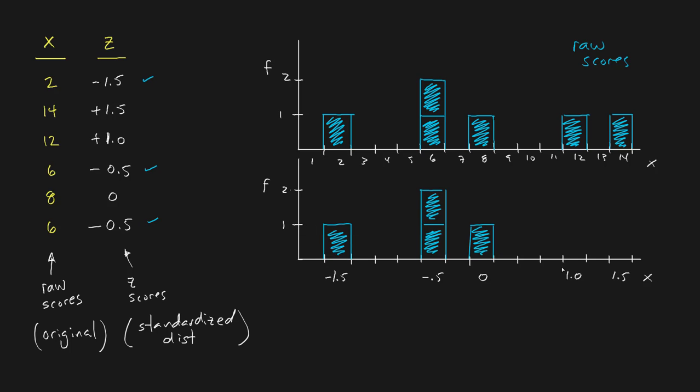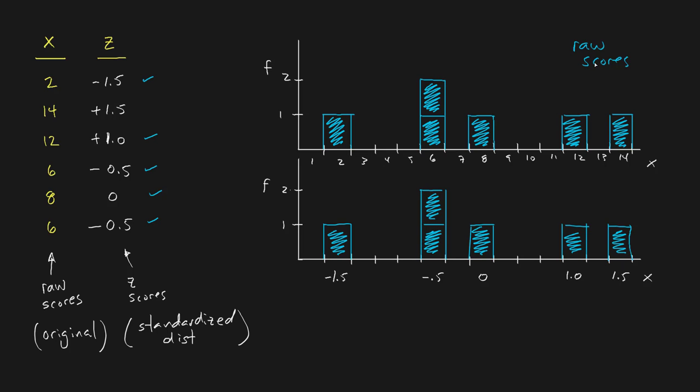And then finally we have a 1. We've got our 0. We've got a 1 and a 1.5. A little sloppy there, but you get the idea.